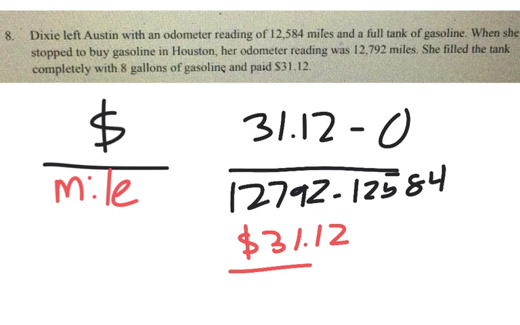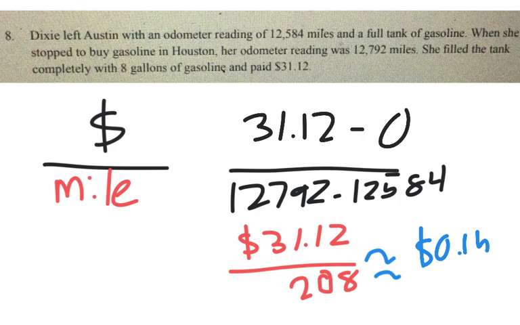And if I subtract those, I apologize, I don't have a calculator, so I might mess this up. Looks like that's going to be 208. Let me just double check it. 12,792 minus 12,584 is 208. Yep, so I've got 31.12 divided by 208, which means I'm paying roughly, I'm just rounding here, 15 cents per mile.